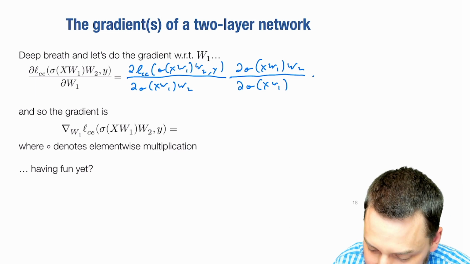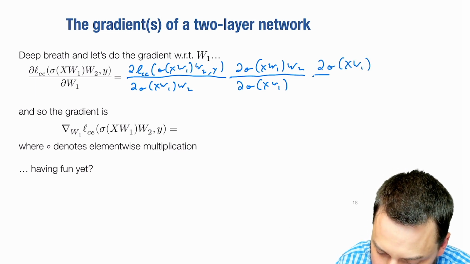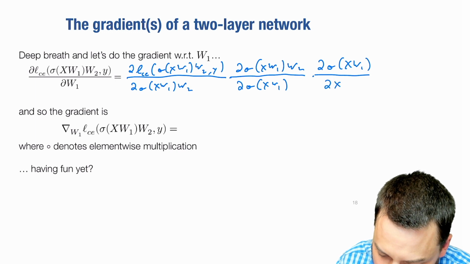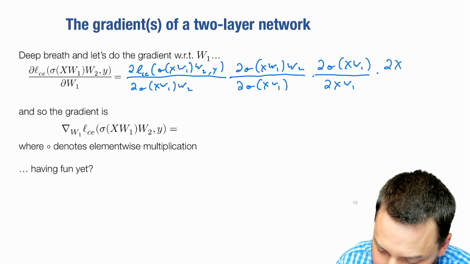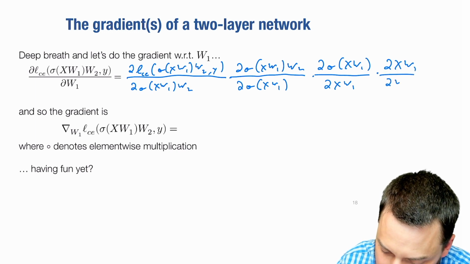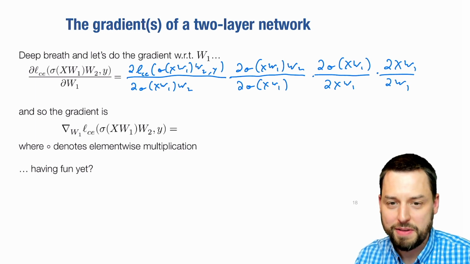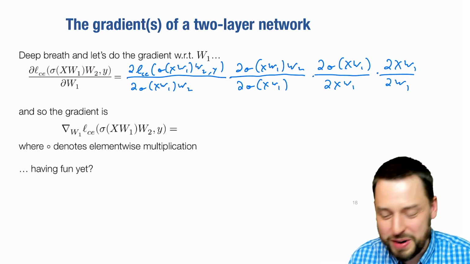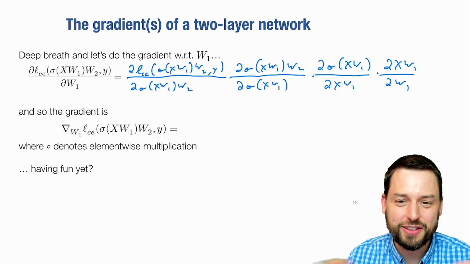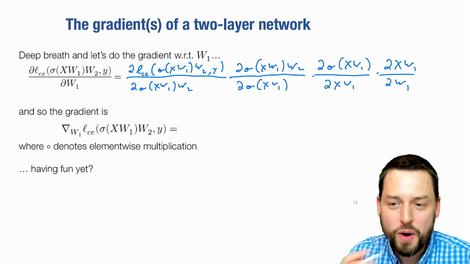You would next have partial sigma x w1, partial x w1, times partial x w1, partial w1. So that is our whole chain rule, basically factoring out everything we need to compute all the partial derivatives we want, finally ending up in terms that can all be computed term by term. Okay, so what are all these things?